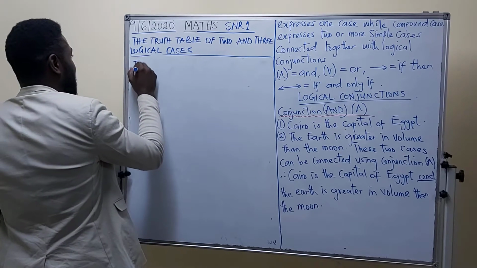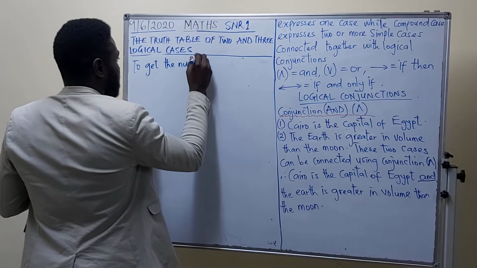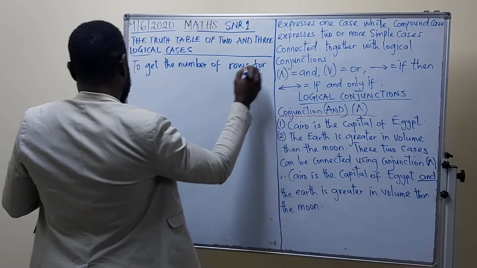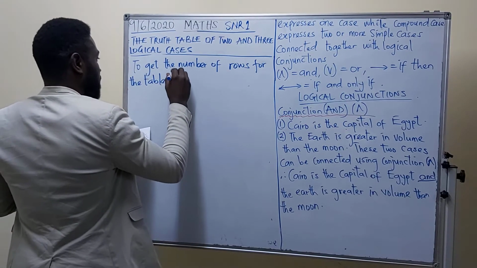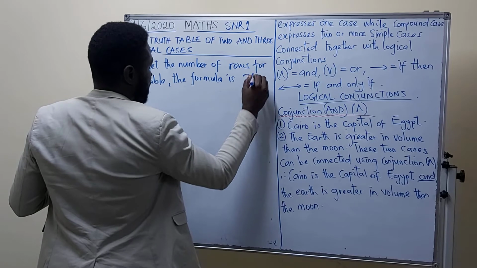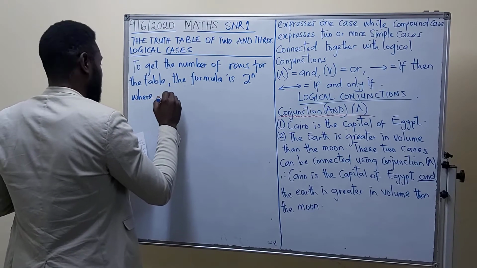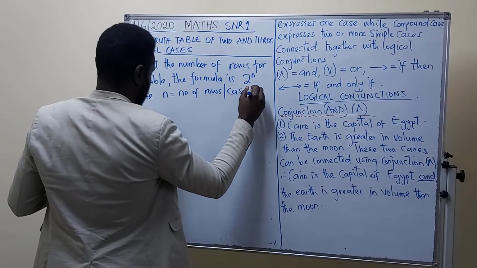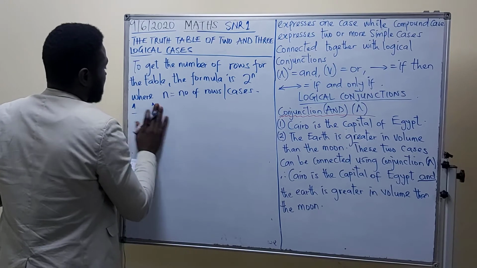So the continuation says, now for these two cases, to get the number of rows for the table, the formula is 2 raised to power n, where n equals the number of cases.